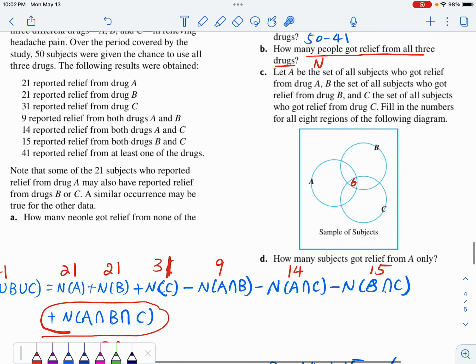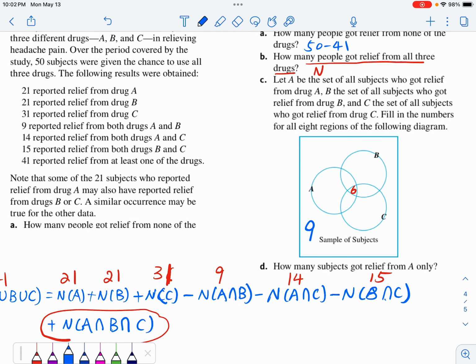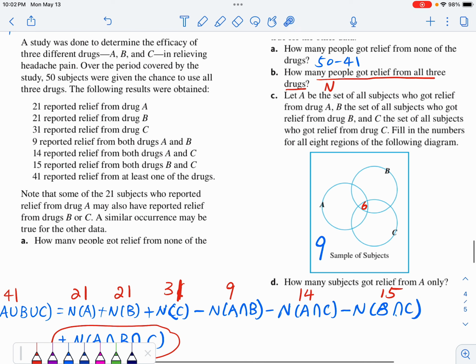Once you know this most inner shaded area, figuring out all the other ones is really very simple using the available information. By the way, we do know that outside is 9. Let me label that. Usually when you have the most inner one, you work from inside out. So 6 is now known.